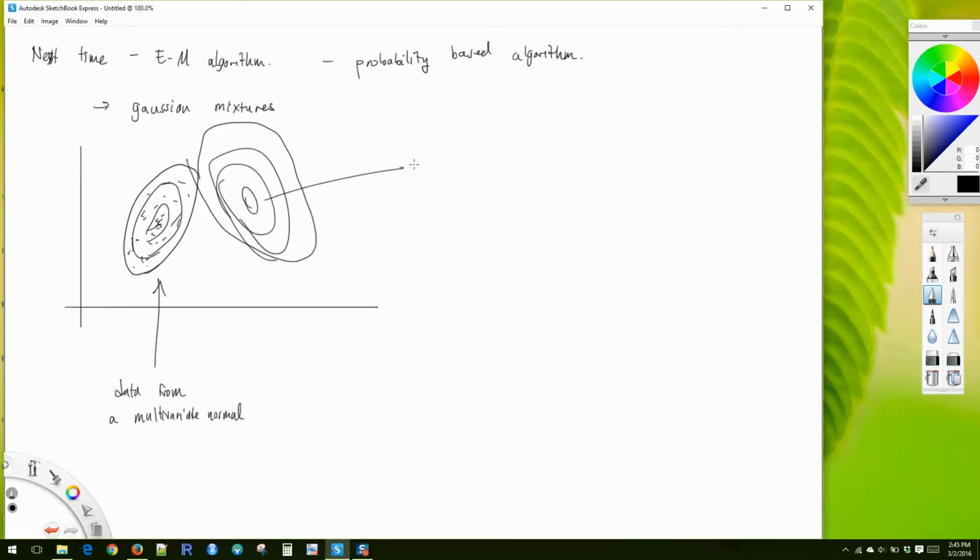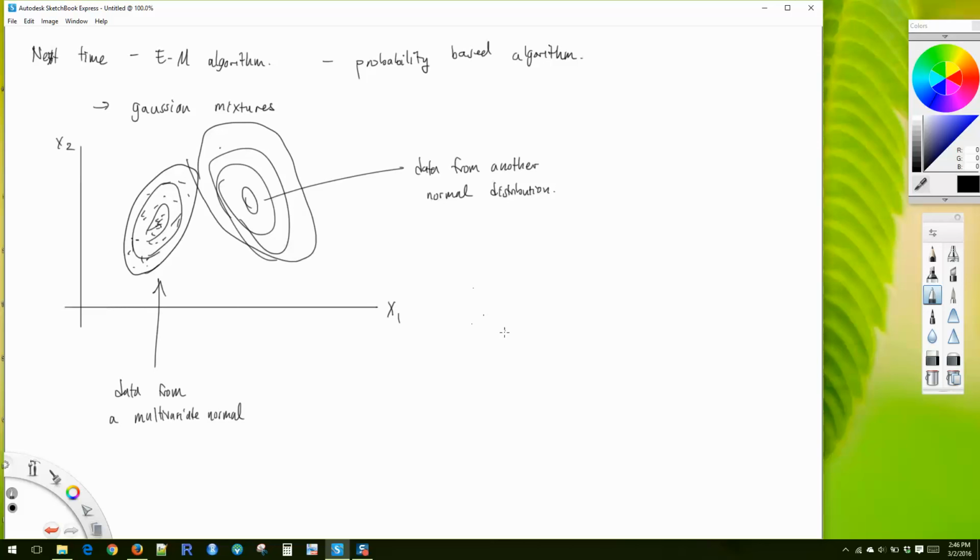And then you've got data from another normal distribution. So each of these are generating in two dimensions, x1 and x2. Based on what we see here, can we distinguish which data belongs to this cluster over here and which data values belong to this cluster over here? This is the question that we're going for.